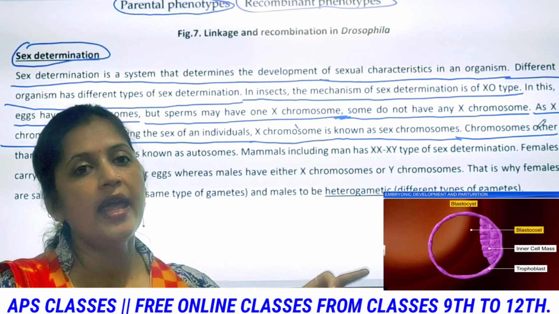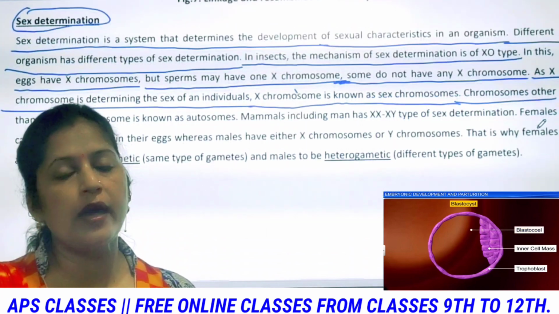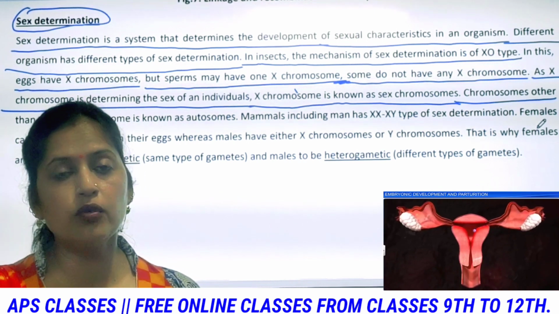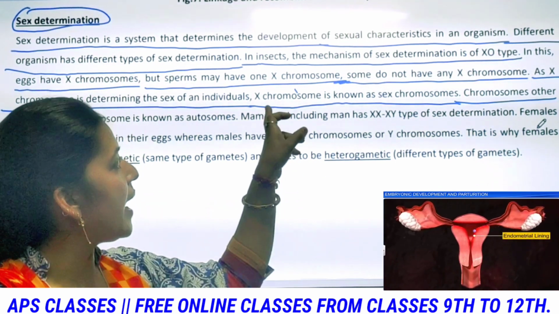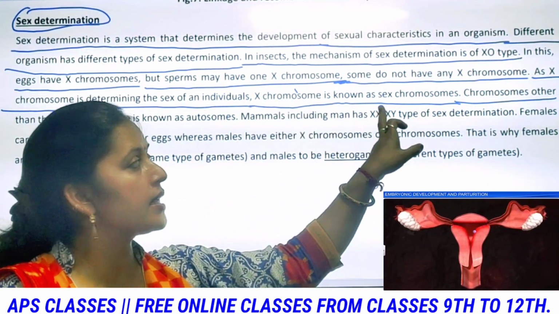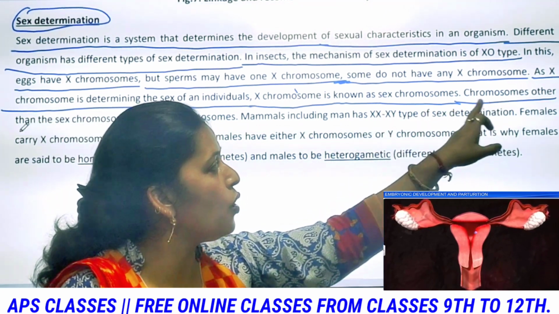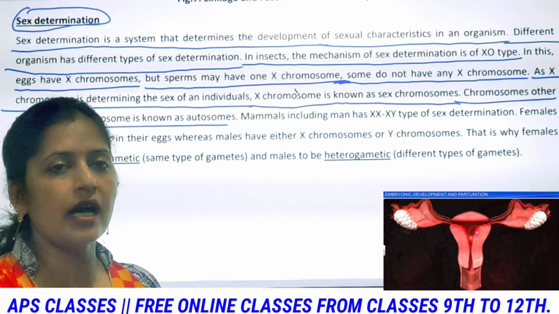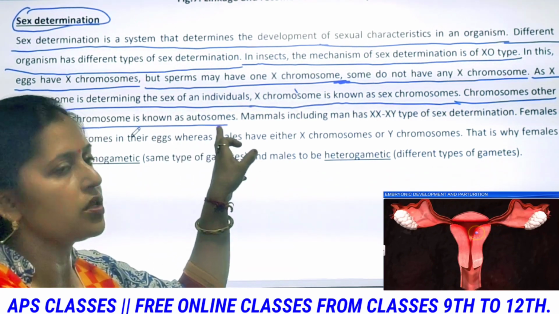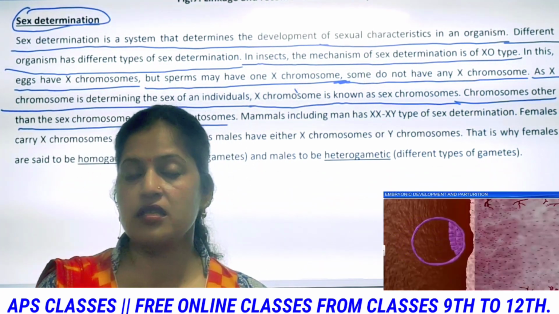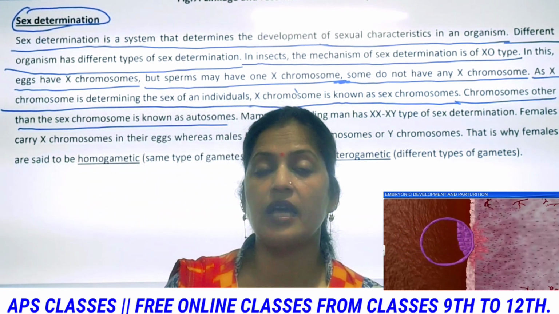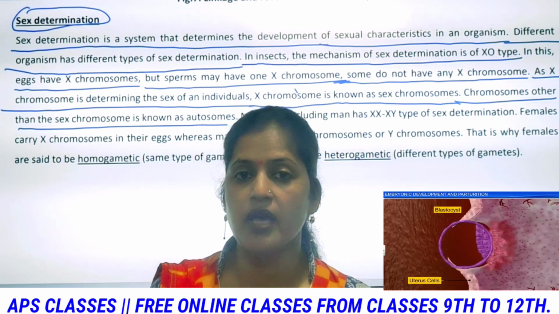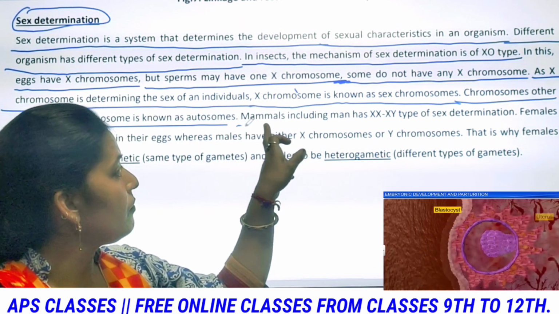Chromosomes other than the sex chromosomes are known as autosomes. The next concept: what do we mean by autosomes? They are the chromosomes other than the sex chromosomes.